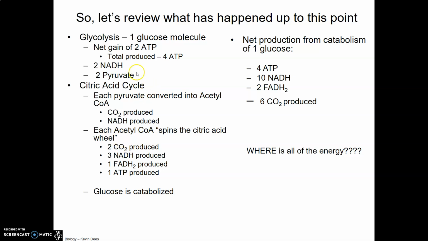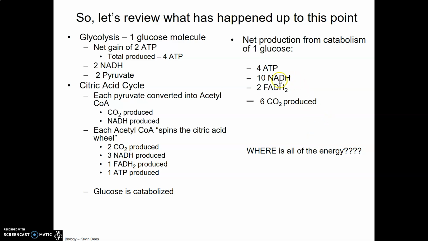By this time, the 6 carbons from our single glucose molecule have been completely converted into 6 molecules of carbon dioxide, which means that glucose is now completely catabolized. And so far, we've made 4 ATPs. So where is all of this energy? 4 ATPs per glucose is not a very efficient process.